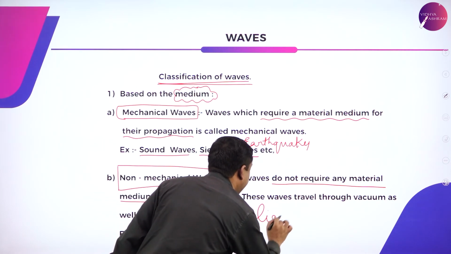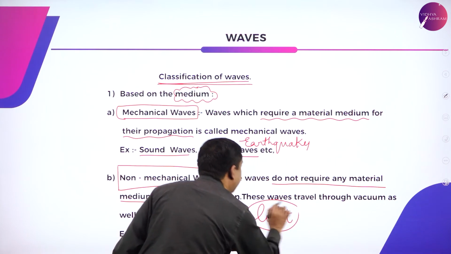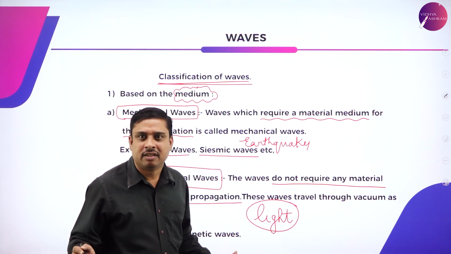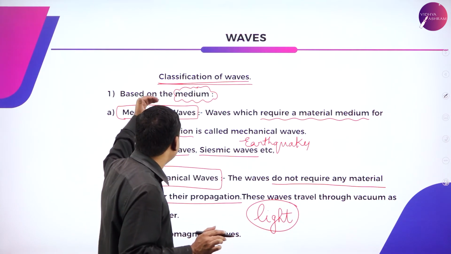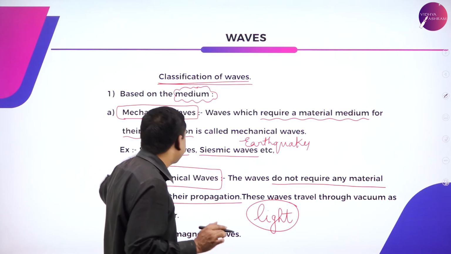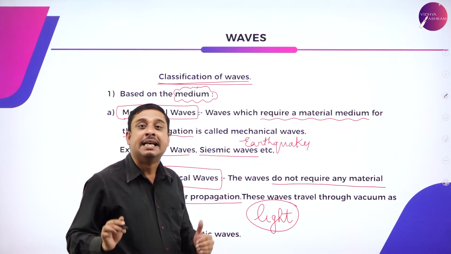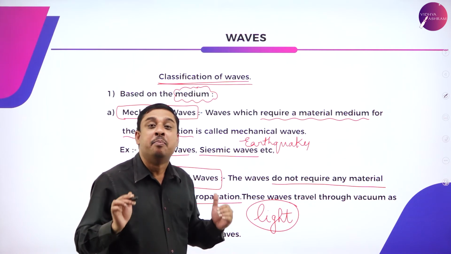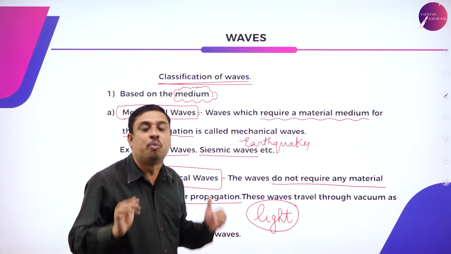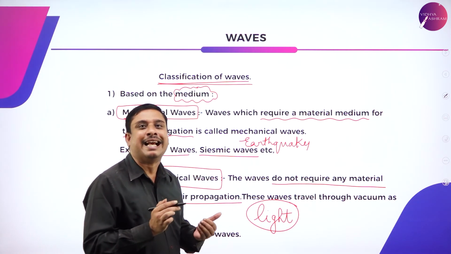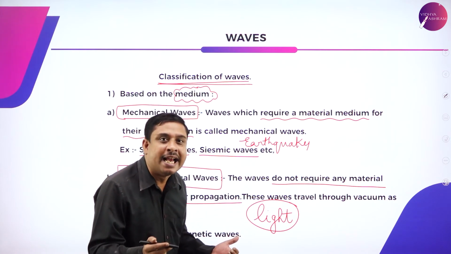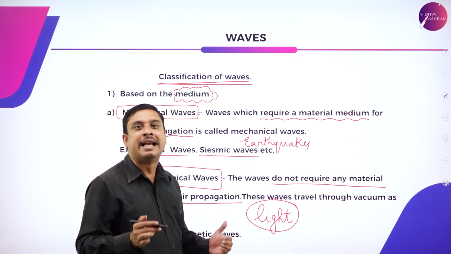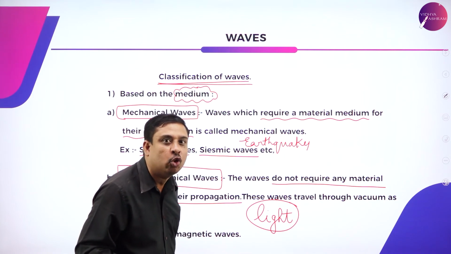Precisely when I say electromagnetic waves, I talk about light. So based on the medium, mechanical waves require material medium to propagate. They cannot move in free space or in vacuum.